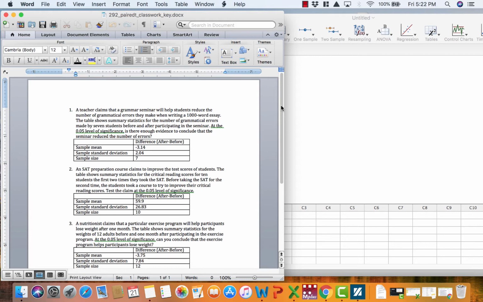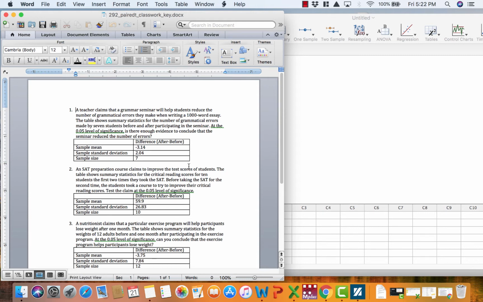The biggest issue in my experience with this next exam is you distinguishing between a two-sample t-test and a paired t-test. I think what we're going to see as we go through this, just like I did with the two-sample classwork, is that I'm really going to try to point out what makes these paired t.